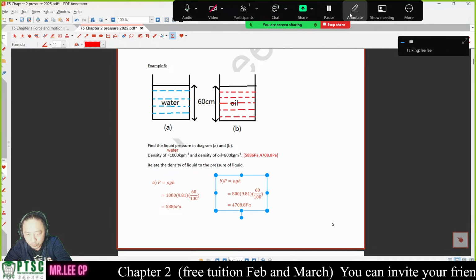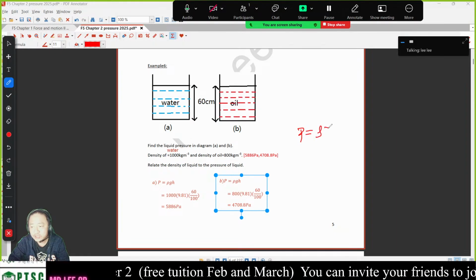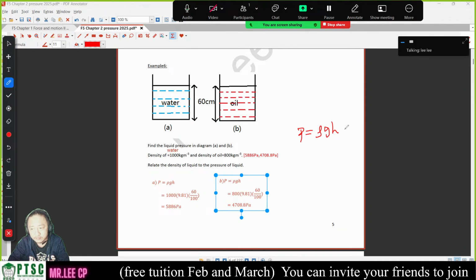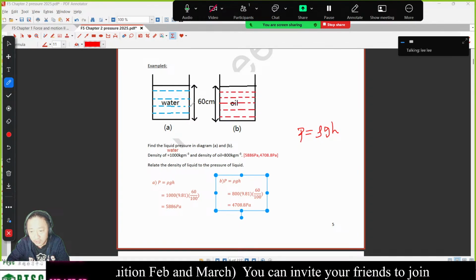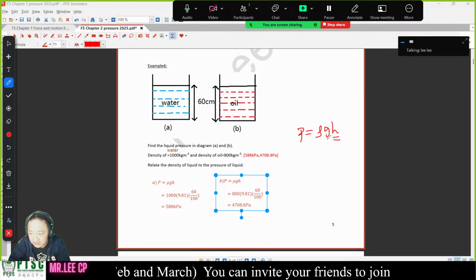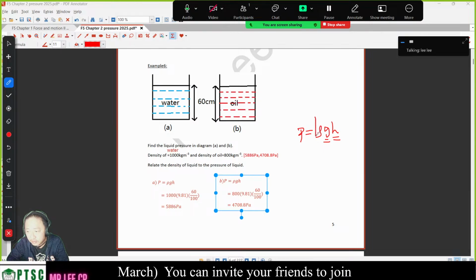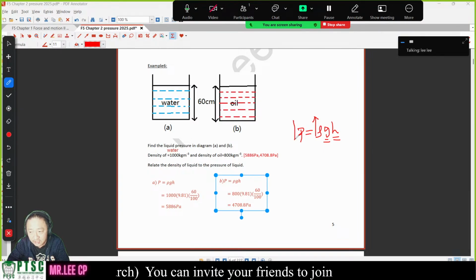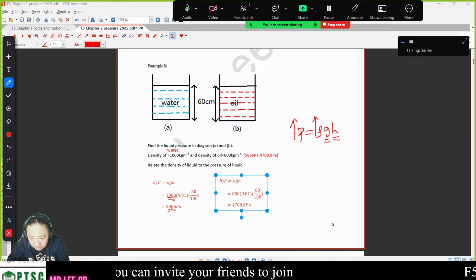Now relate the density. Okay, so we look at the formula first. Pressure is equal to rho gh. We know that. Now pressure, I don't know. The depth is 60, the same. Gravity, the same. So the higher the density, the higher the pressure. This one, density 1000, the pressure 5000.